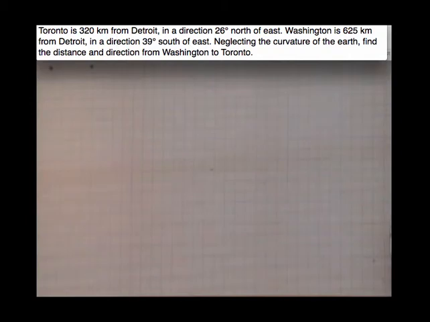So, using the information given in the problem, I'm going to translate those words into a picture. And here's the picture I want to draw. I'm going to draw a set of coordinate axes, and I'll label them y and x.